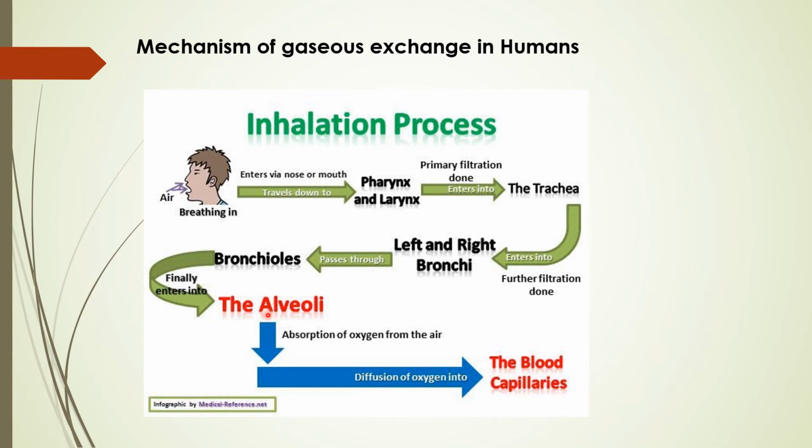You know very well that in the wall of the alveolar sac there are blood capillaries, and in those capillaries there is diffusion of gases, meaning diffusion of oxygen into the blood and diffusion of carbon dioxide from the blood into the alveolar sac.